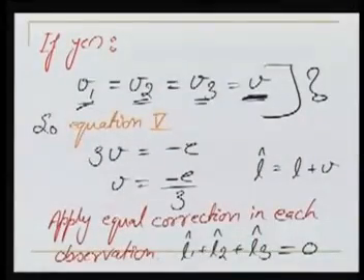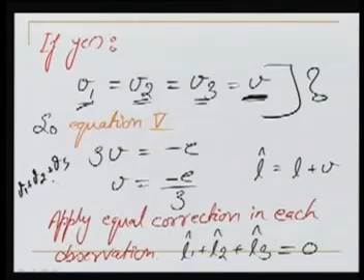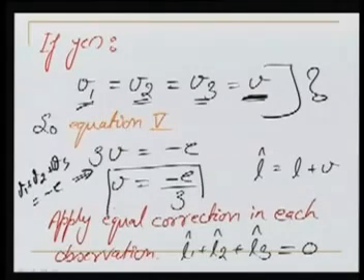If it is so, that's why we are writing that V1, V2 and V3 should be equal to, let us say, V. Earlier we were writing V1 plus V2 plus V3 equal to minus E. So we can write this now as 3V equal to minus E. So we get the value of residual as minus E by 3.